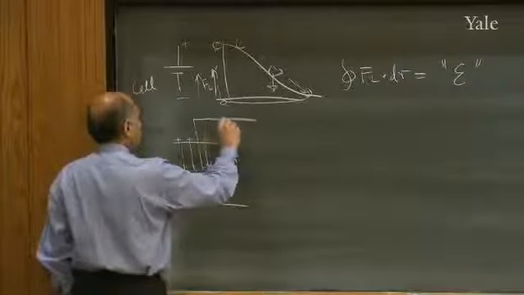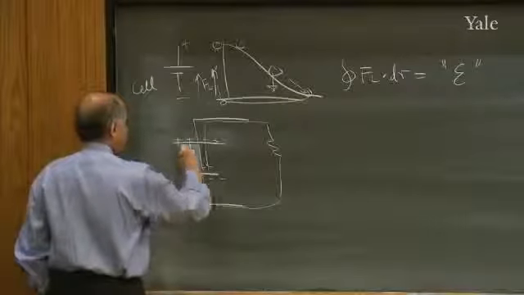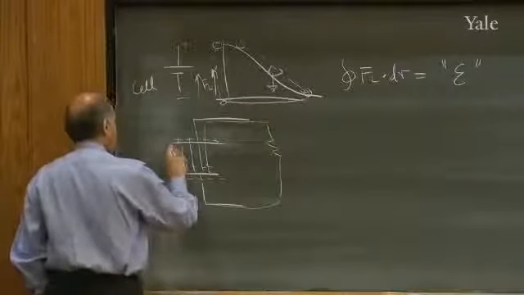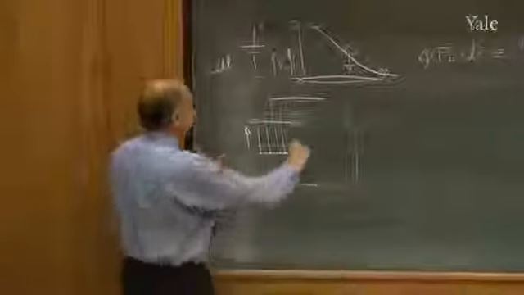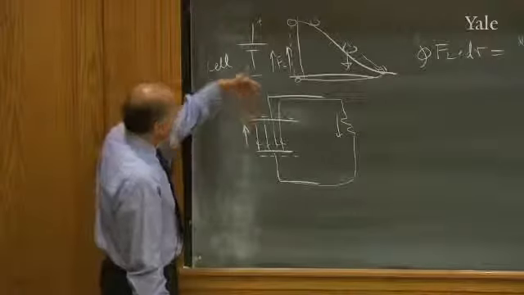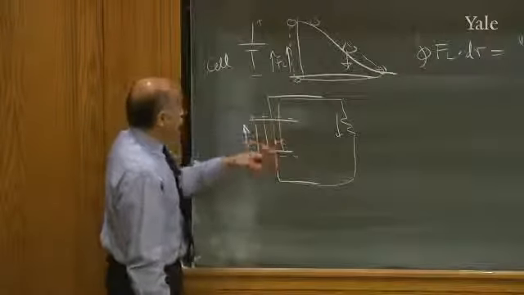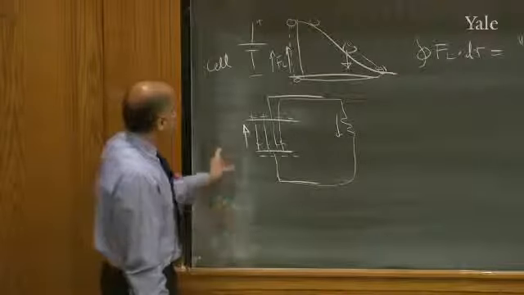So when a current flows, it goes like that, goes through a resistor, comes down. But the current, you realize, has to flow up here. Inside the cell, if the current flows this way, the current has to go like this. The electric field is actually pointing down between the plates. That's not what makes it move.